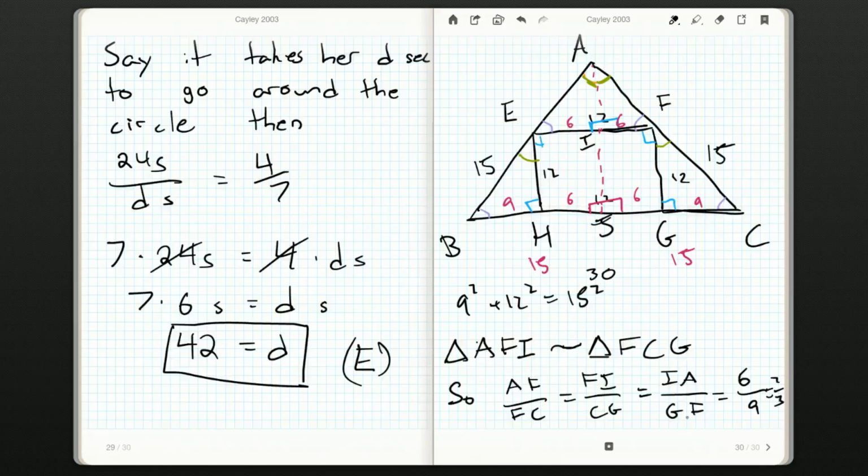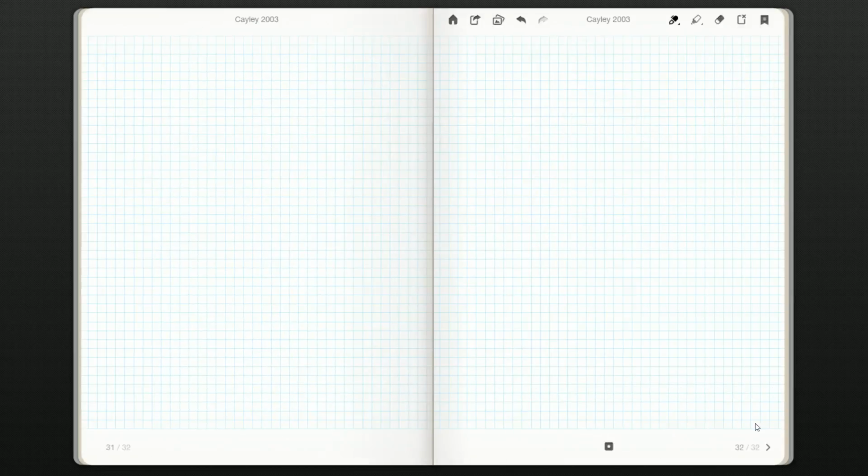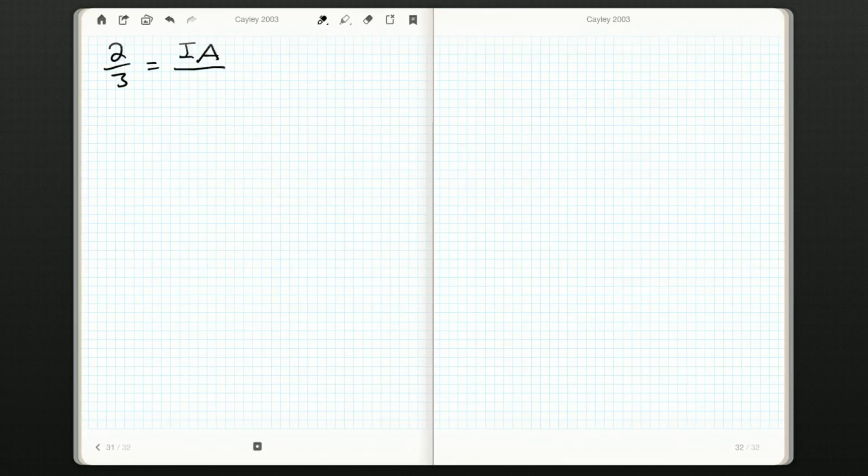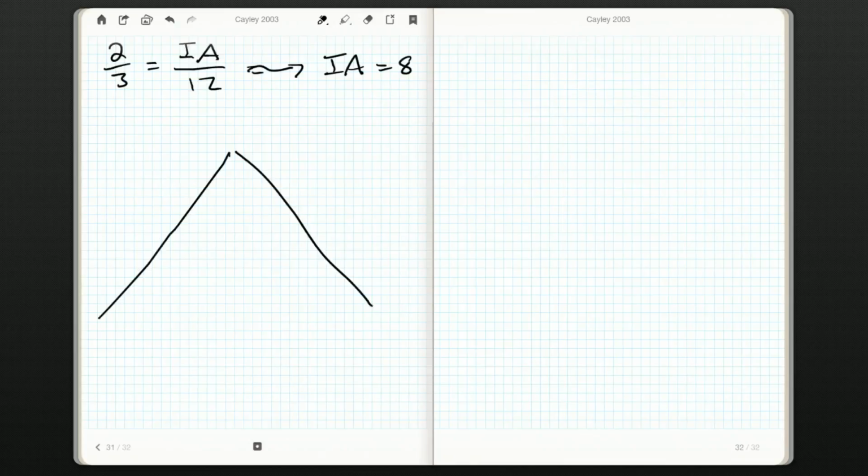But GF is 12, so IA, which is the height of those smaller triangles, 2/3 is IA over 12, and so we can quickly rearrange and see IA is 8.